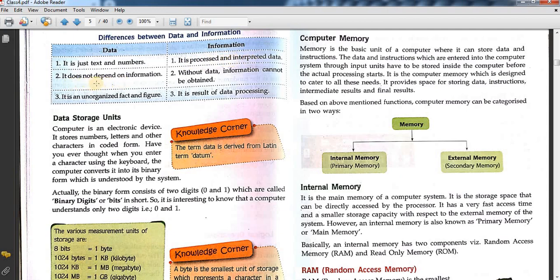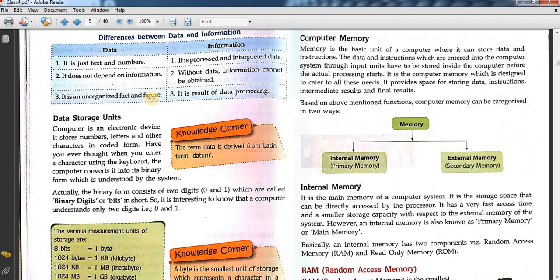Next, data does not depend on information, because it is the input. Without data, information cannot be obtained. Suppose you are not giving any input, so how will it be processed? That's why it is written, without data, information cannot be obtained. Next, data is unorganized facts and figures.